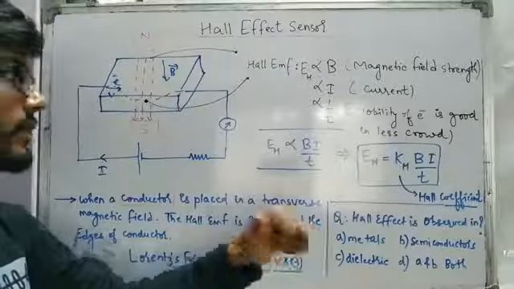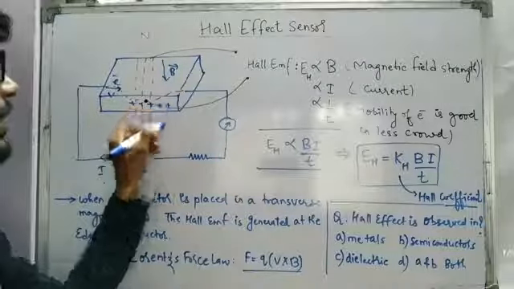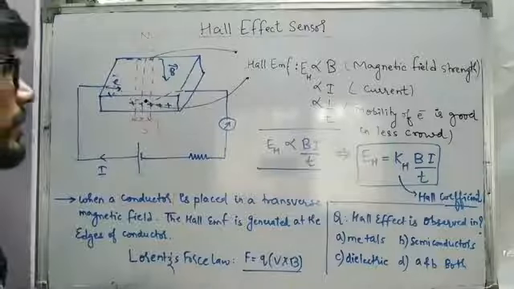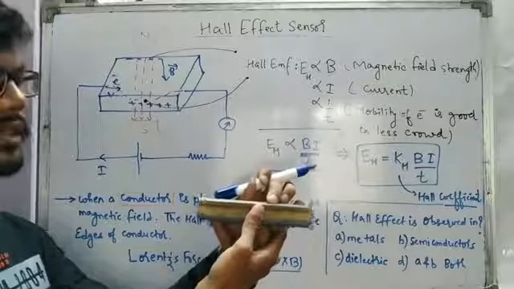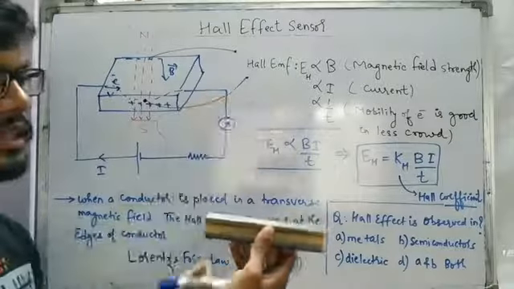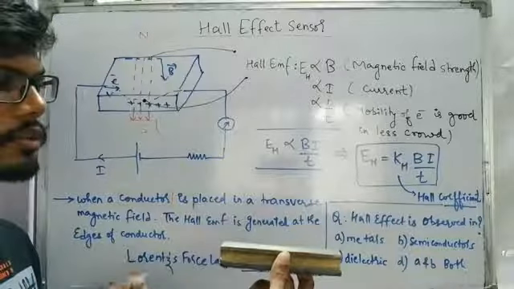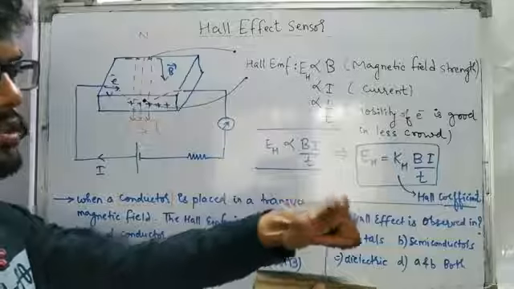So if q is positive, we are going to have positive ions on this particular side, and if the ions are negative, we are going to get them on the back side. So if this is a conductor, this is the velocity of the electron, and we have the magnetic field in the vertical direction. Using the Lorentz force law, force is equal to q into v cross B. As of now, just forget about q: velocity cross magnetic field.